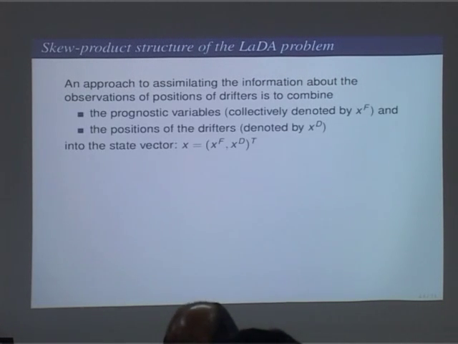Any prognostic variables and the velocity field are collected in XF, where I'm thinking about flow, and the positions of the drifters are collected in a variable called XD, which is just two-dimensional. I've heard there's one guy, I think in Seattle, who has three-dimensional floats that he develops and plays with, which is really cool. But Z is very tricky in the ocean, so most people avoid that.